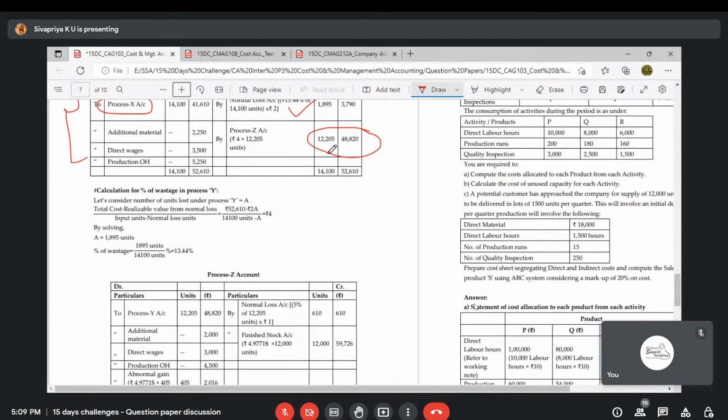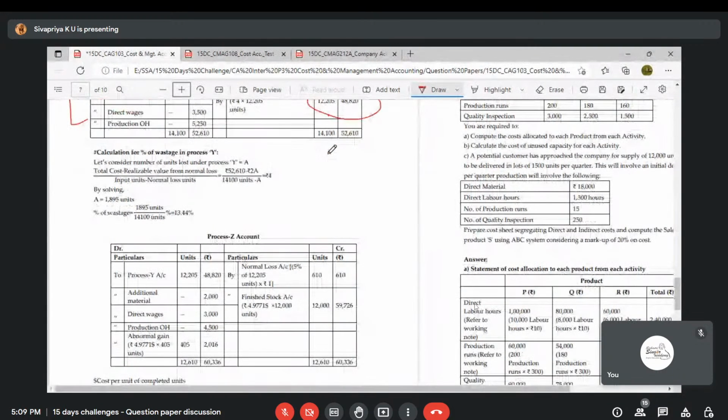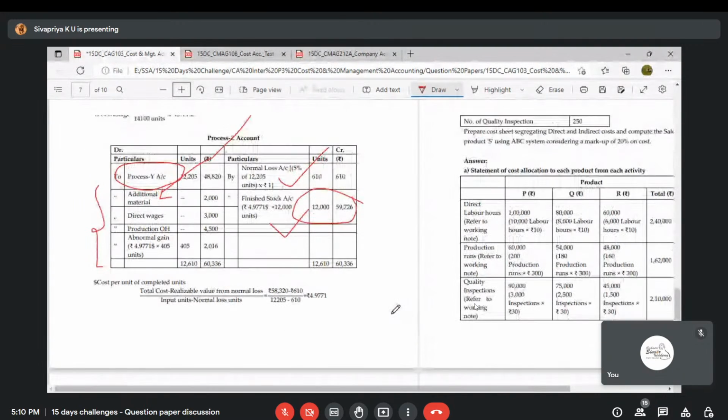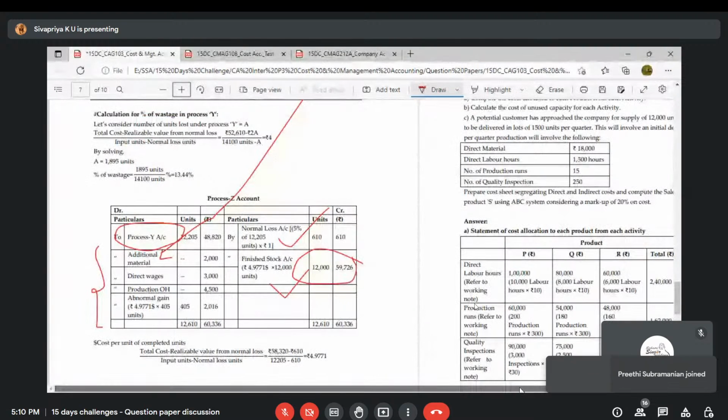In the Z account, on the debit side you have the inputs from process Y and other additional expenses. You calculate the normal loss and then finished stock. Okay, so a normal process costing problem.